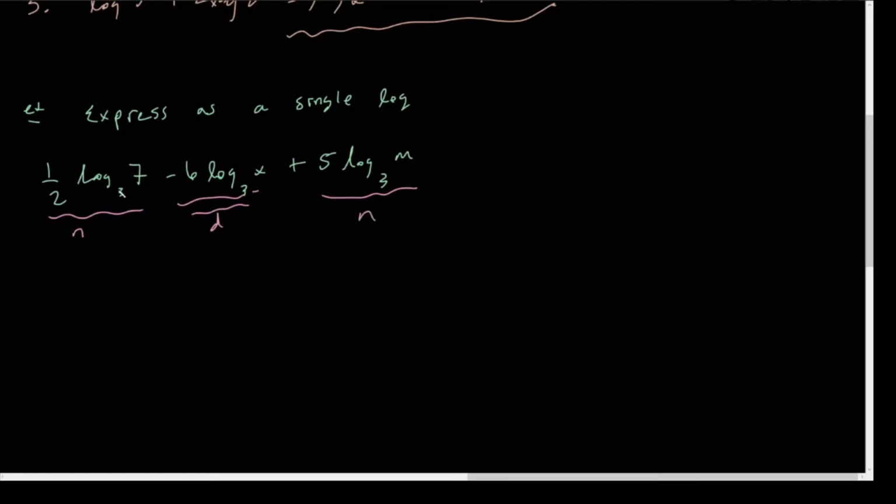And there's no parentheses, so I don't have to worry about anything like that. So here I get log base 3 of 7 to the 1/2 power times m to the 5th power divided by x to the 6th power. Any questions here?